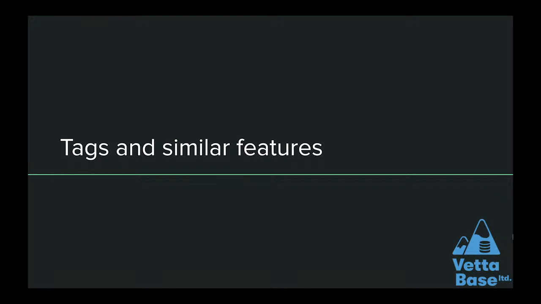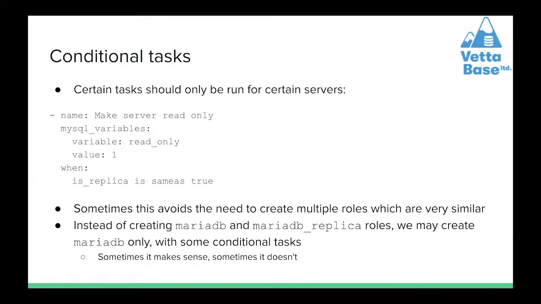Okay, let's talk about tags and similar features. We can have conditional tasks. So certain tasks may only be run for certain servers and not for others. Usually this is based on the group, the role, of course, but sometimes even inside a certain role we want to only execute some tasks and exclude others.